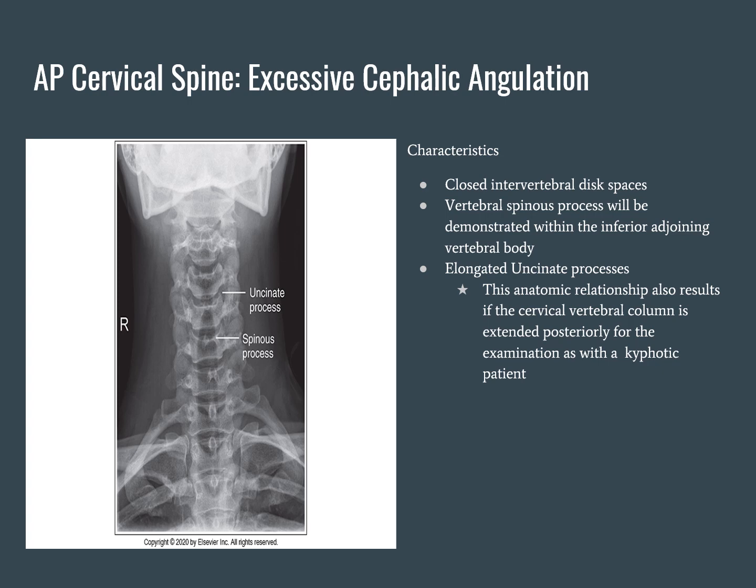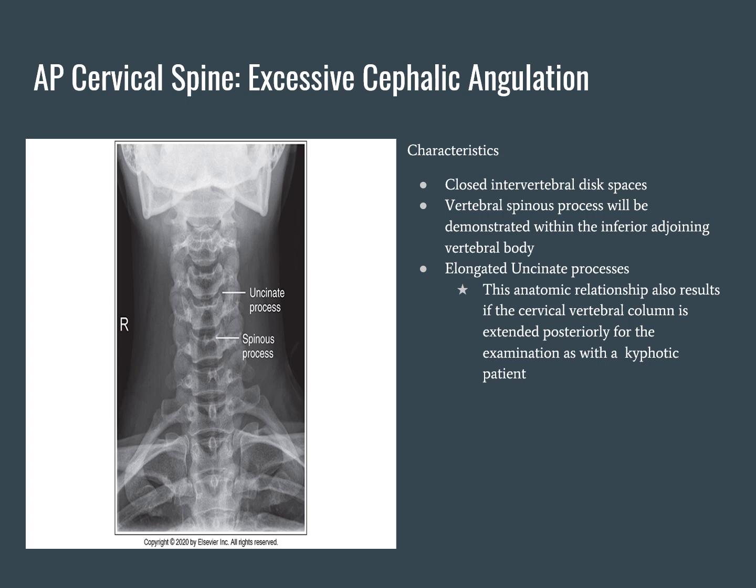Now, with excessive central ray angulation, or if the cervical vertebral column was extended posteriorly for the examination, like with a kyphotic patient, the resulting projection demonstrates closed intervertebral disc spaces.